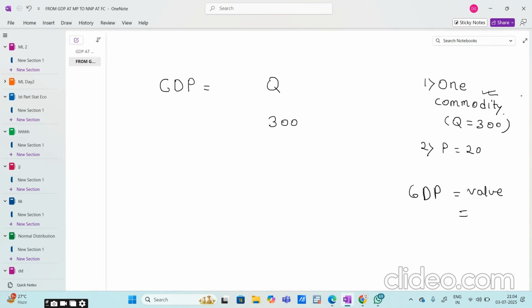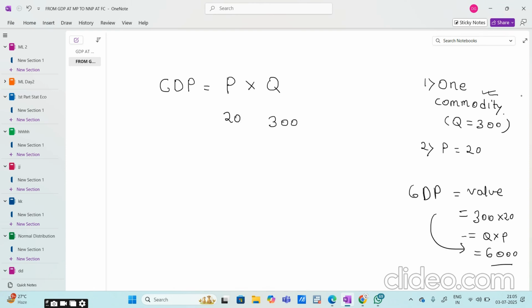For finding out the value of all the final goods and services sold in an economy during a year, we just have to multiply this 300 into 20. That is, 300 is the quantity and 20 is the price. So it will be 6000. So how to calculate GDP? It is Q into P, or we can also write it as P into Q.